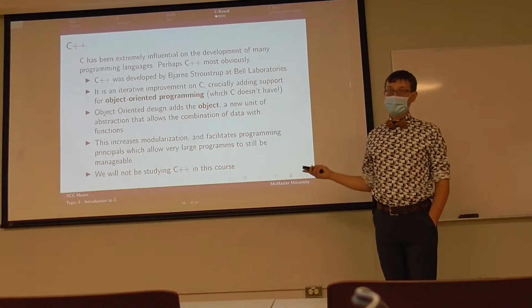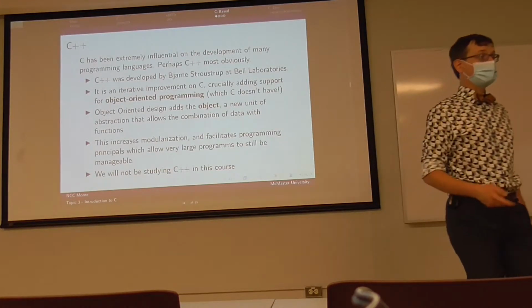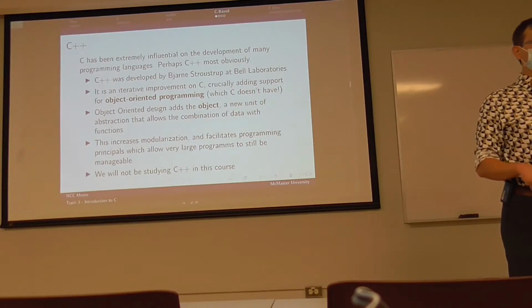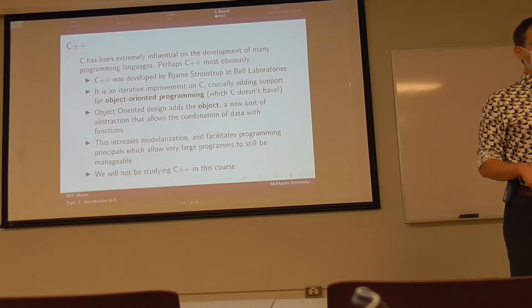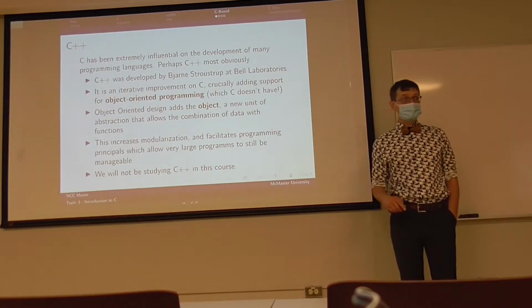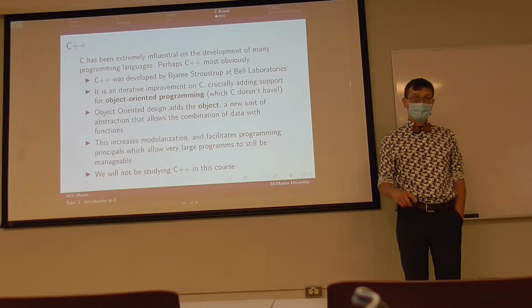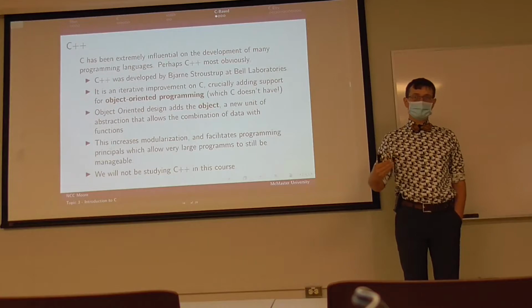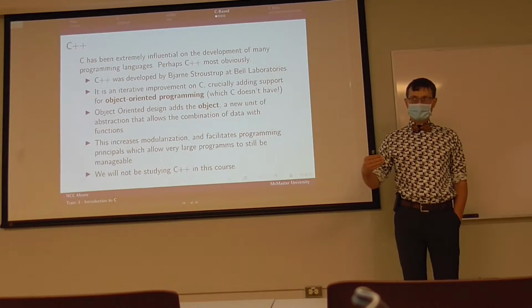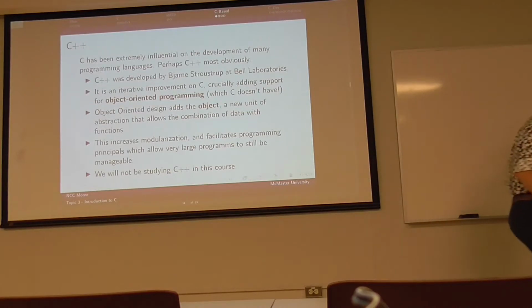However, you should still know that it exists. C++ is reputedly, and I think it deserves this reputation, one of the most difficult programming languages to program in, aside from assembly. It's one of the most difficult programming languages that is a 4th generation programming language.